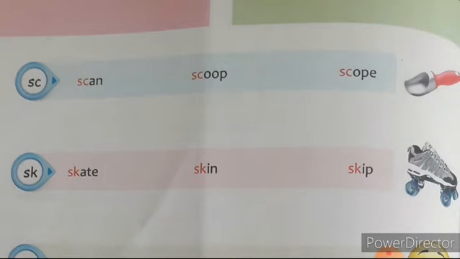Look at the first one. The letters S and C are given. How should you read this, children? The letter S you should read as S, and the letter C should give us K. So you have to say Sk, Sk: scan, scope, scoop.